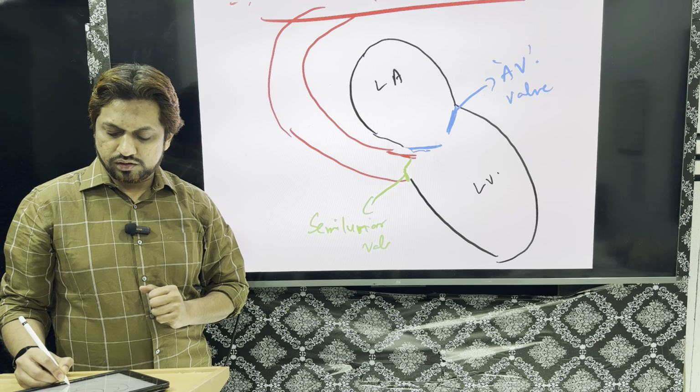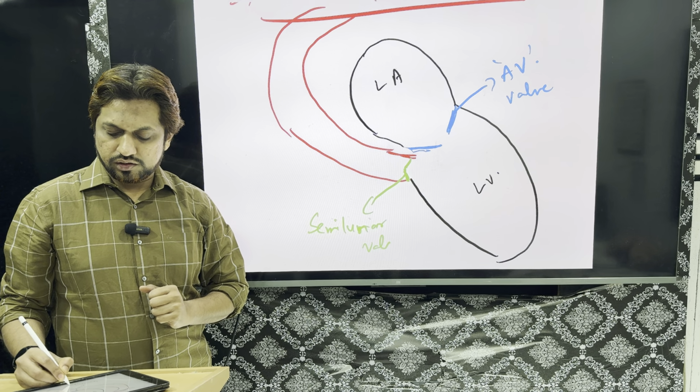The semilunar valves are still open, and the blood is pumping out, but it is pumping slowly as compared to this. So the pressure here is moving down. Even the aortic pressure follows the ventricular pressure, gradually coming down along with the ventricle up to this point E. Now the next phase is ventricular diastole.